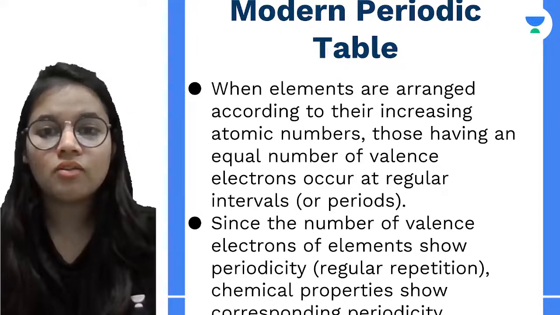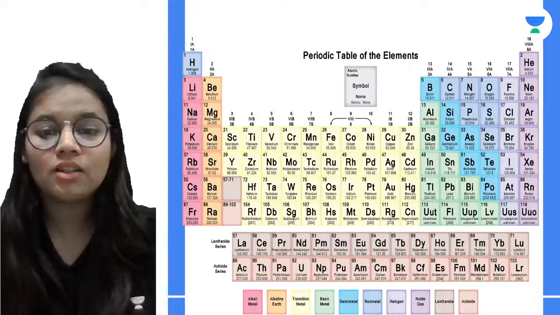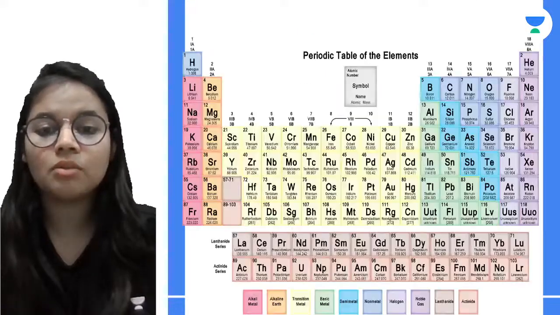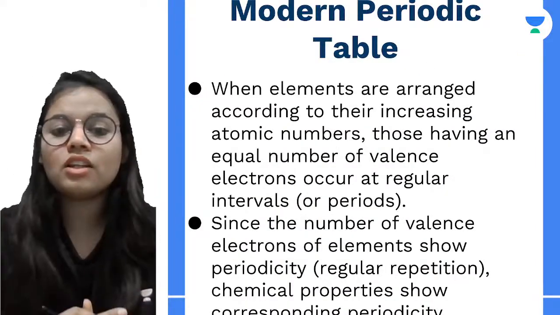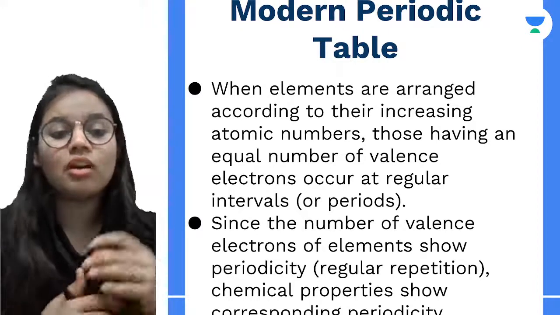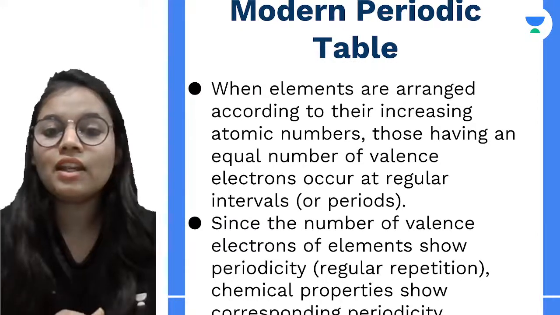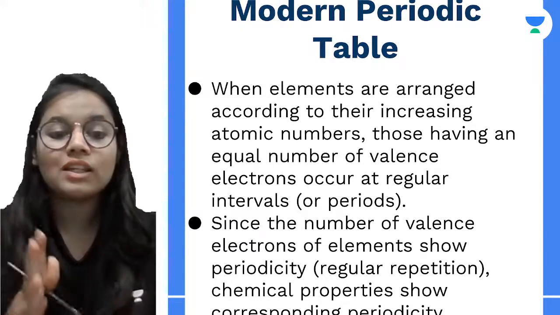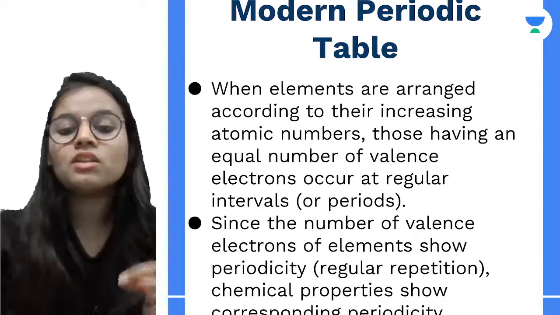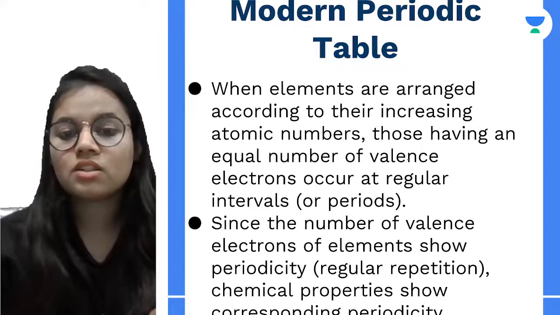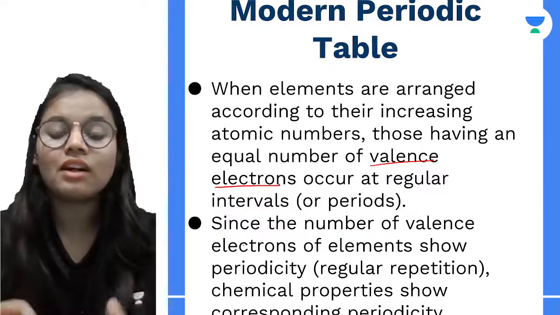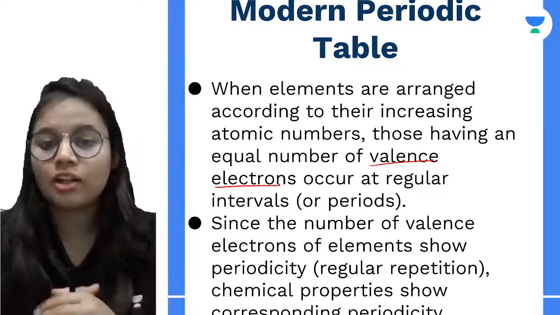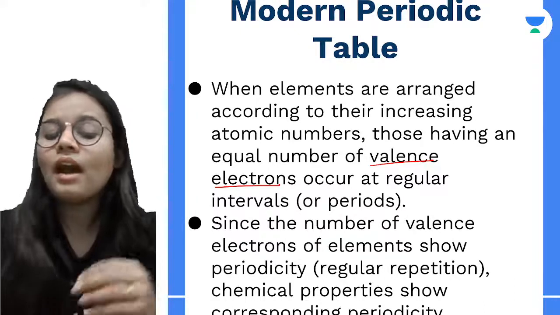So today we are going to study the modern periodic table. First of all, let me tell you how to define the modern periodic table. When the elements are arranged according to increasing atomic number, the elements having an equal number of valence electrons occur after a regular interval.